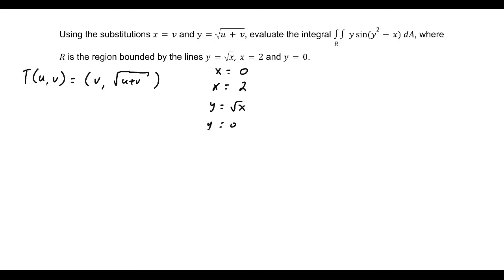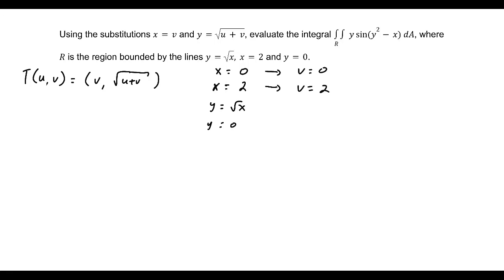Let's convert these to be in terms of our variables v and u. Now since x is equal to v, that means that x equals 0 means that v equals 0, and similarly x equals 2 means that v equals 2.